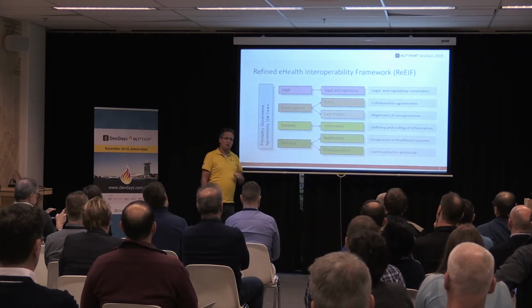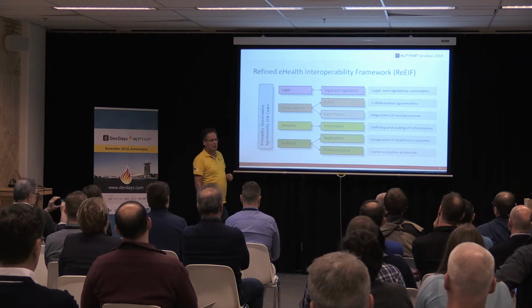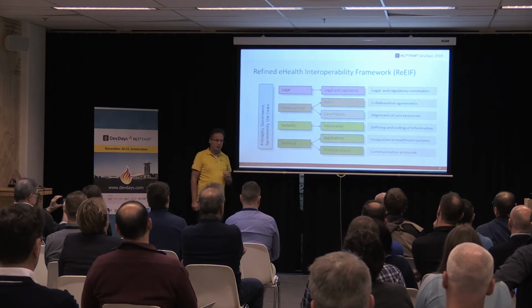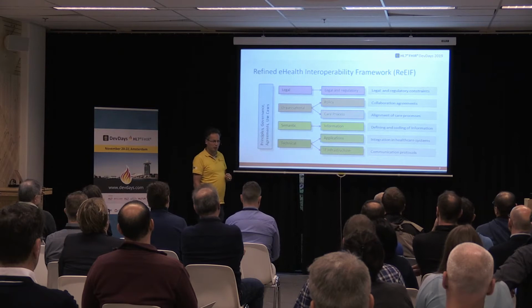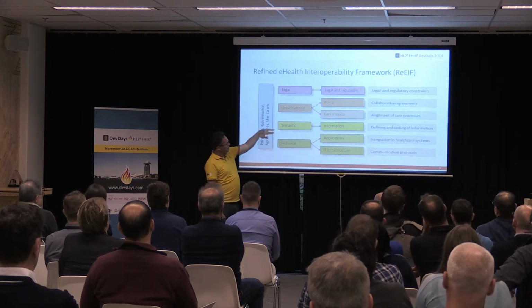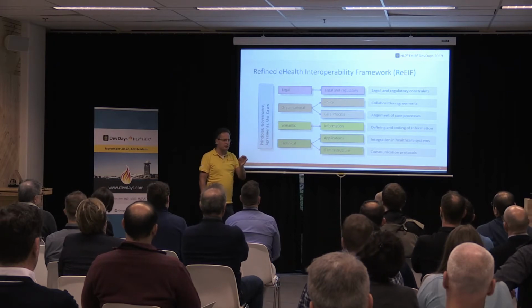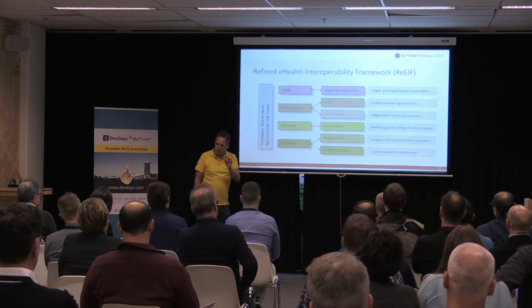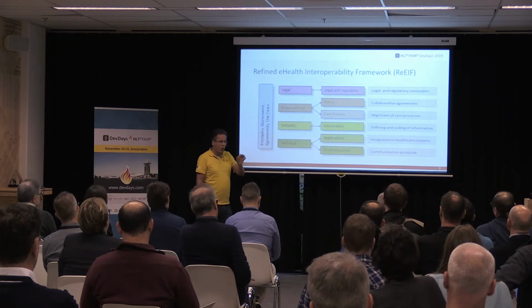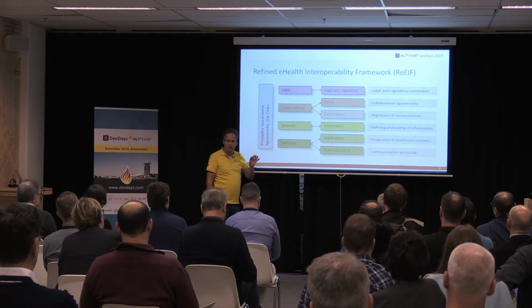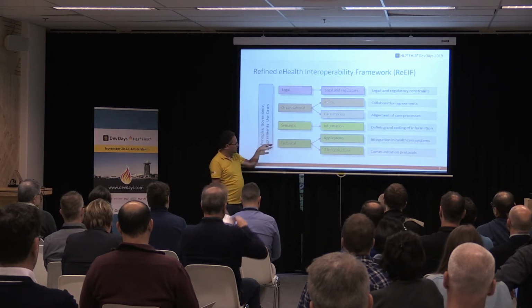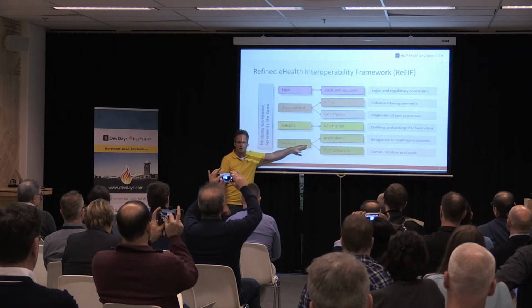You may be familiar with this model, the refined European interoperability framework, to give you the full term for it. It's a multi-layer model that effectively aims to show you that if you want to achieve interoperability, you have to achieve interoperability and agreement at all of these levels of abstraction. It's not enough to just have agreement on the technical level. Okay?